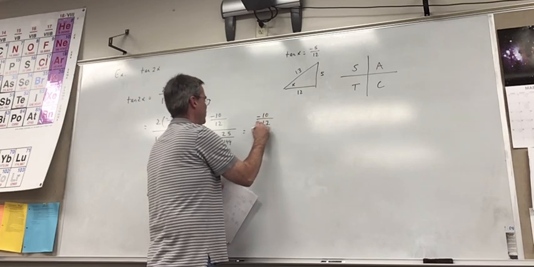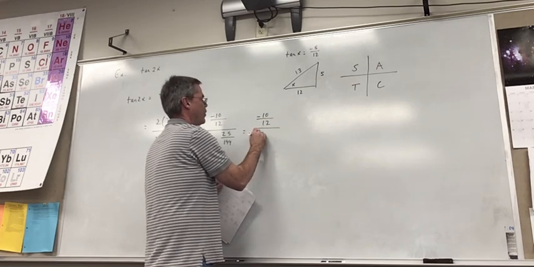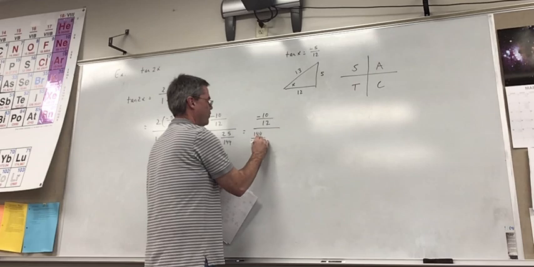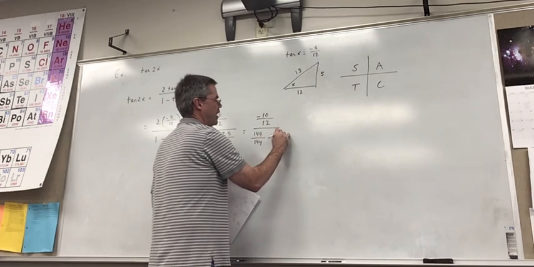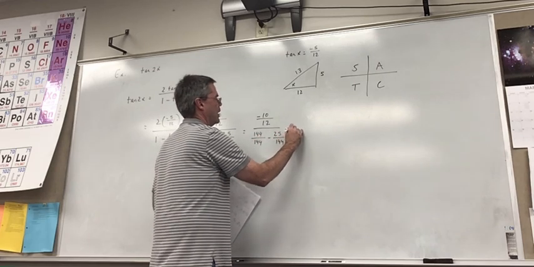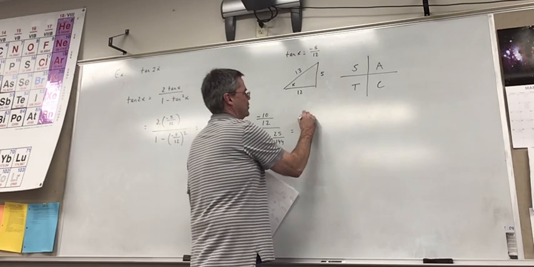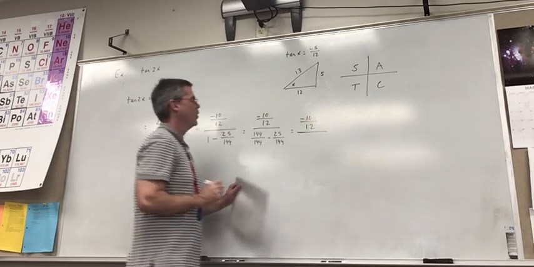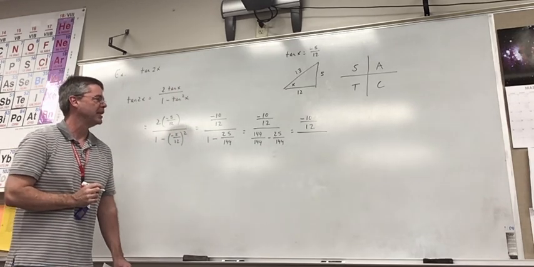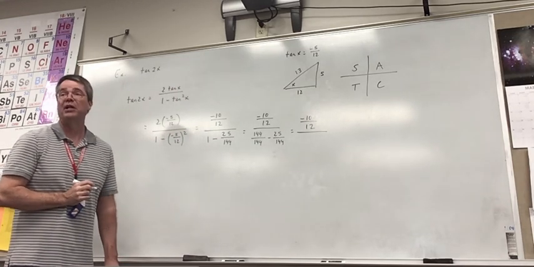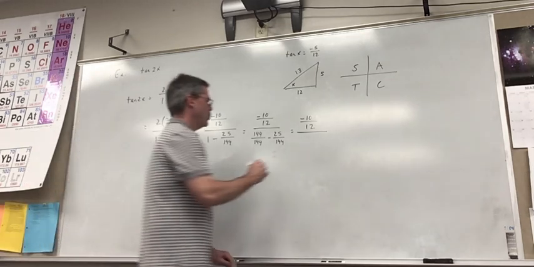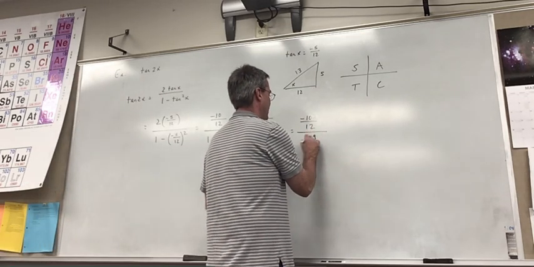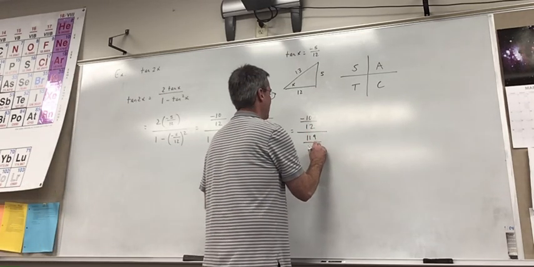Negative 10 over 12 over 144 over 144 minus 25 over 144. So that's negative 10 over 12 divided by 144 minus 25, I think would be 119, right? So 119 over 144.